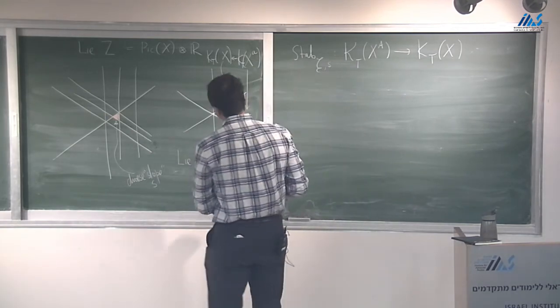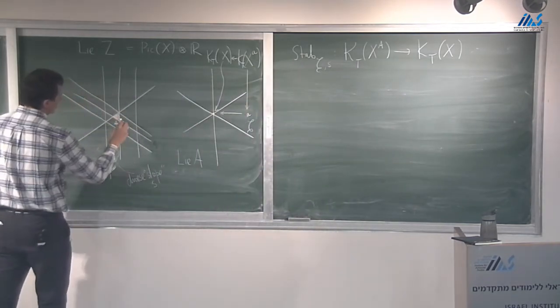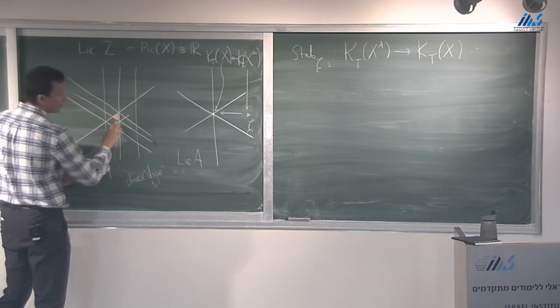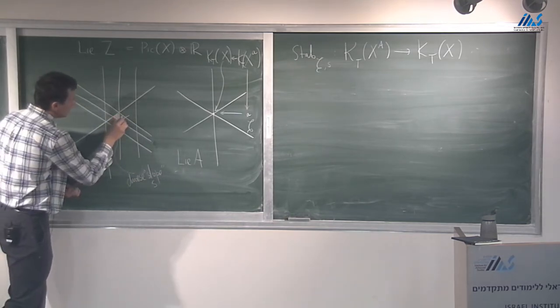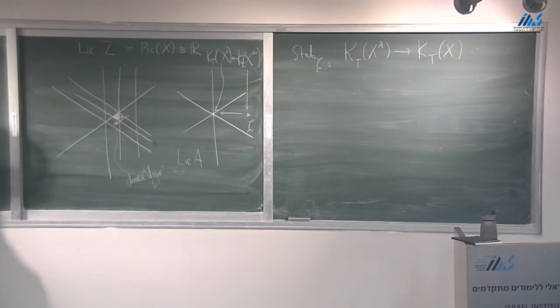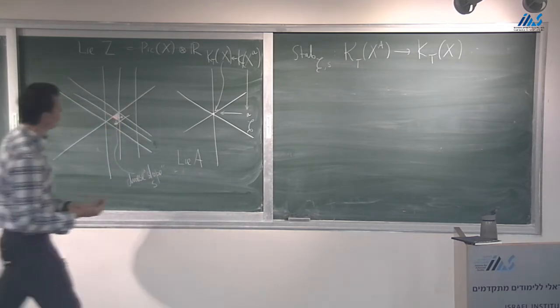So if I go to a different adjacent alcove, then the change in the slope is recorded.